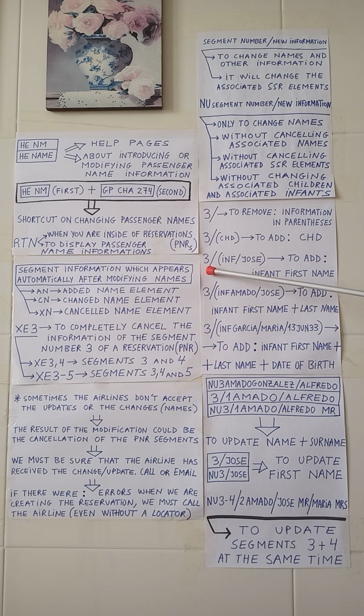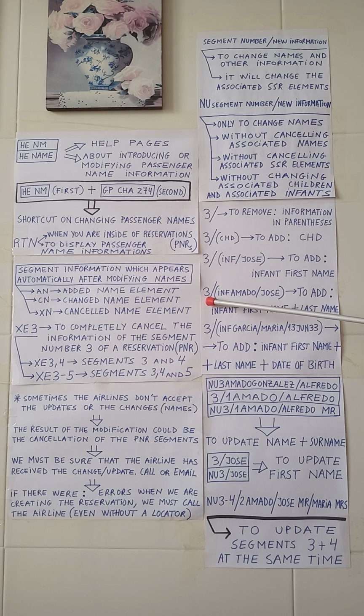Another example, 3/ we open the parentheses, INF/Jose, and we close the parentheses, allows adding the indicative code for a baby, which in this case is INF, to segment number 3 of a reservation. At the same time, we are adding the baby's first name, which in this case is Jose.